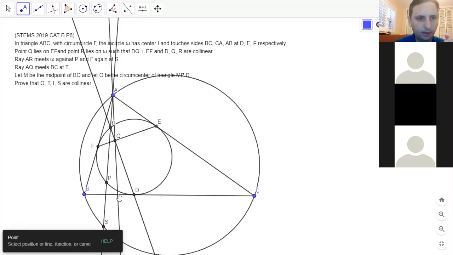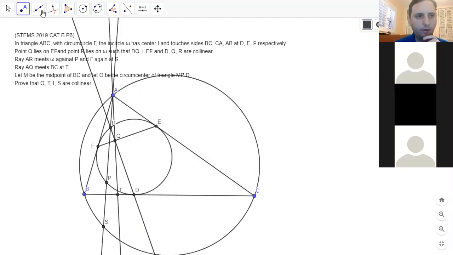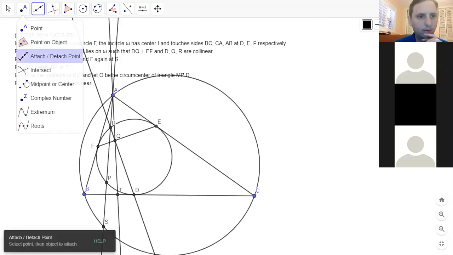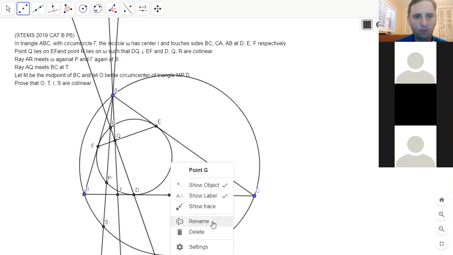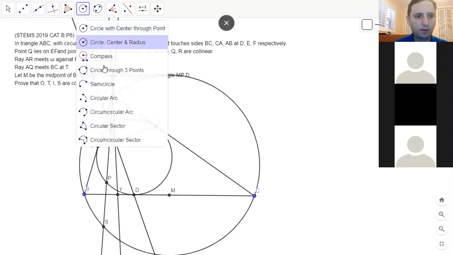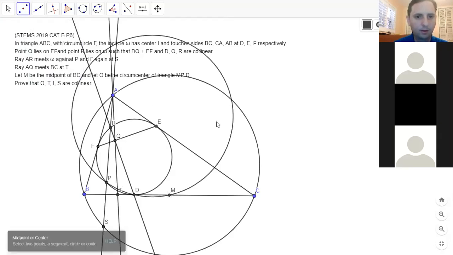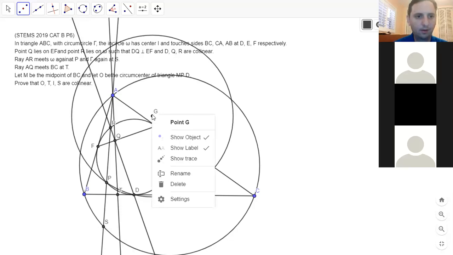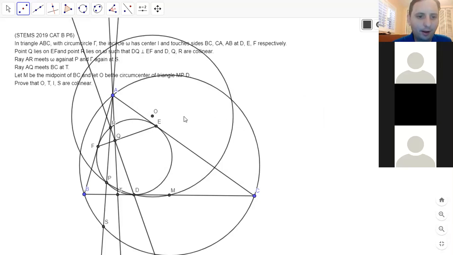It meets BC at T. And M is the midpoint of BC. And O is the circumcenter of MPD. We want to show that O, T, I, and S are collinear.